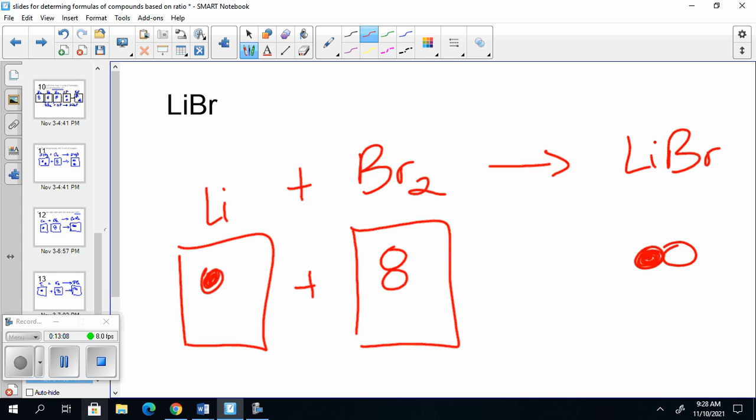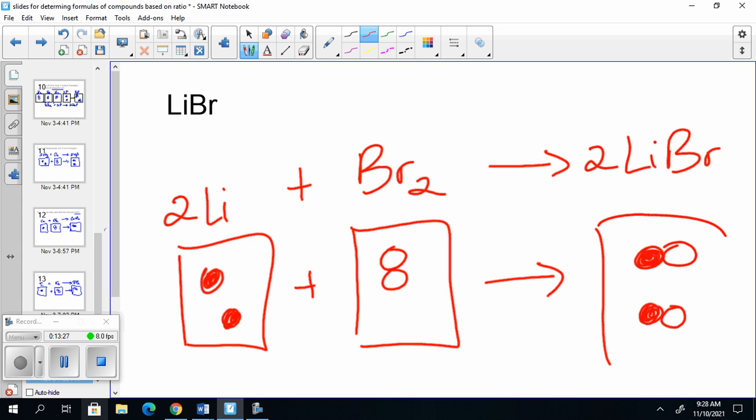All right, what's going to happen? So if I have these 2 Brs connected, that means I'm going to need another Li here. So I'm going to put a 2 there because I'm going to need 2 of those. This will connect with the other Br, and I'll make 2 of those. There we go. Balanced reaction. Boom, boom, boom. And drawing.